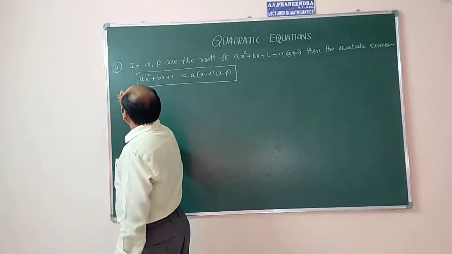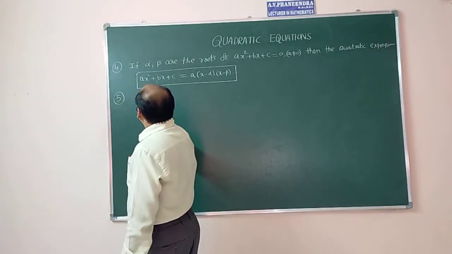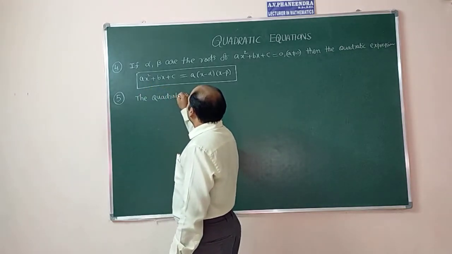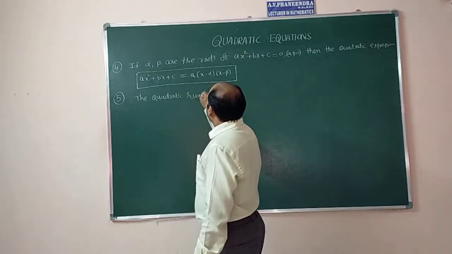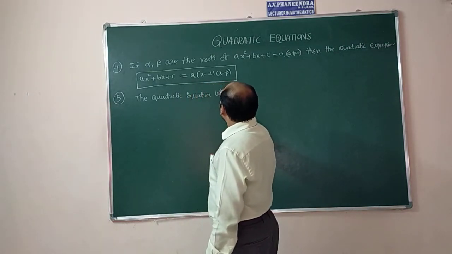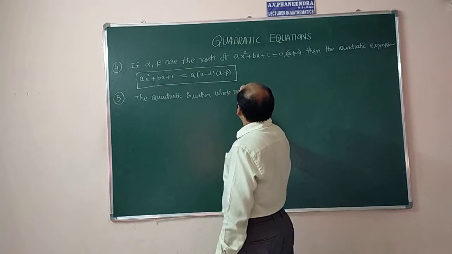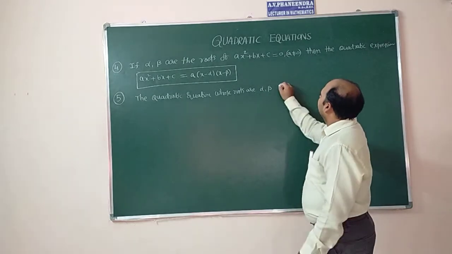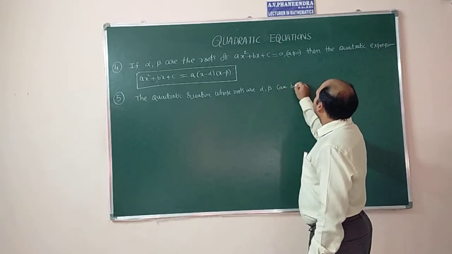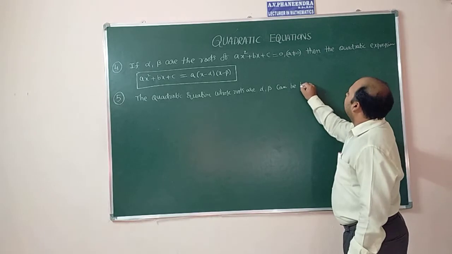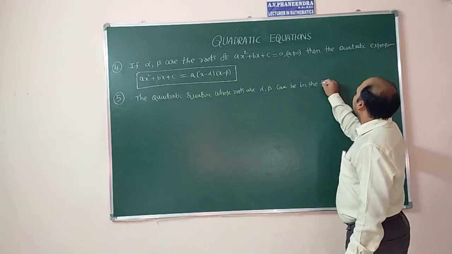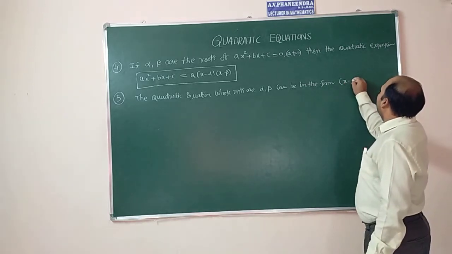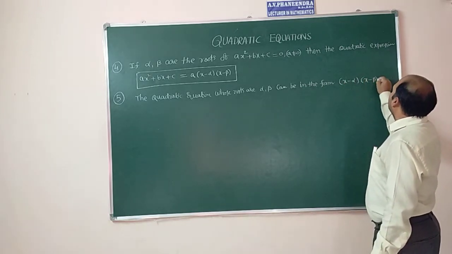And very important thing, the quadratic equation whose roots are alpha comma beta can be in the form x minus alpha into x minus beta equal to 0.